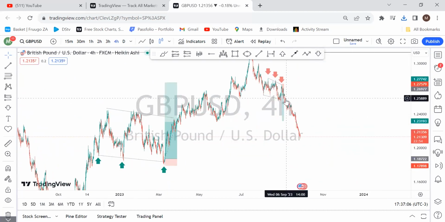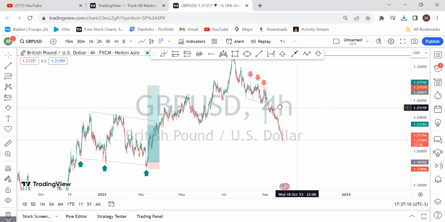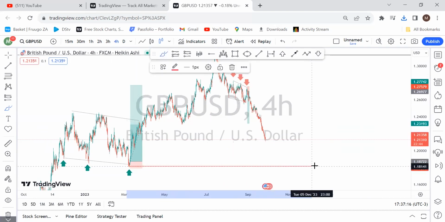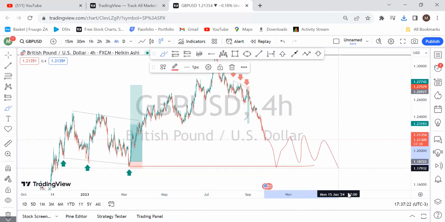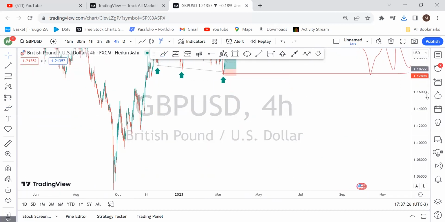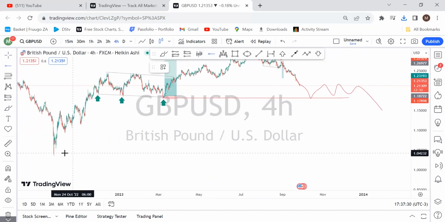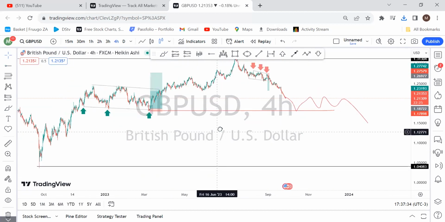So currently the price is just running down, right? It's running down. So what could happen is it could reach this low like that, then gives you some kind of continuation correction to keep going down until this major low right here, right?